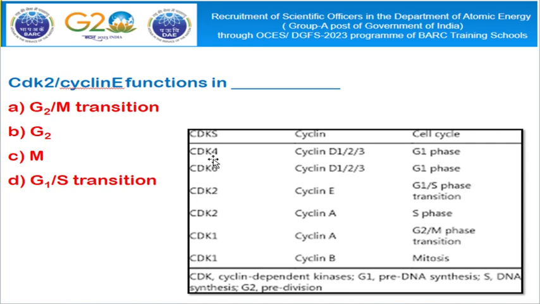In G1 phase, CDK4 and CDK6 along with cyclin D take care. In G1 to S phase, CDK2 and cyclin E take care. In S phase, CDK2 and cyclin A take care. In G2 to M phase transition, CDK1 and cyclin A take place. In mitosis, CDK1 and cyclin B take place.